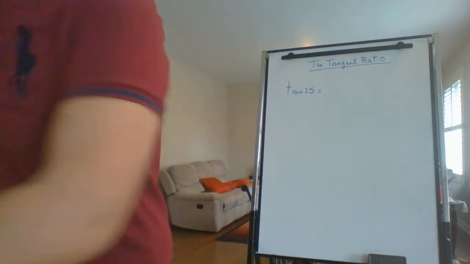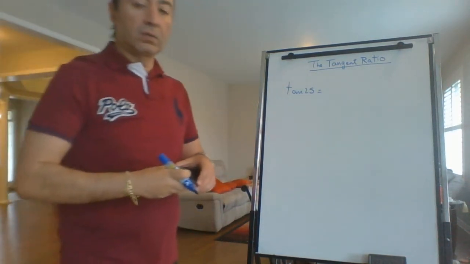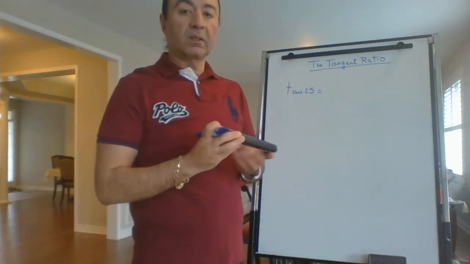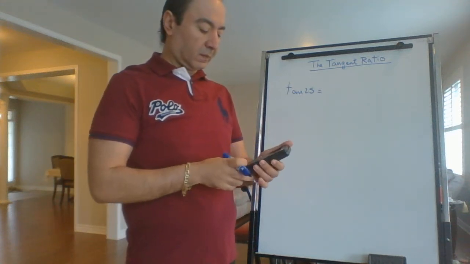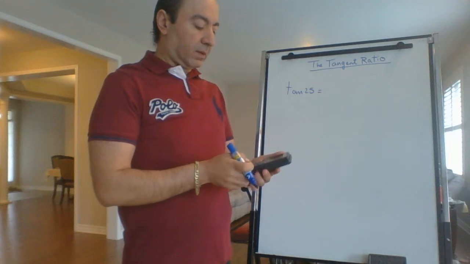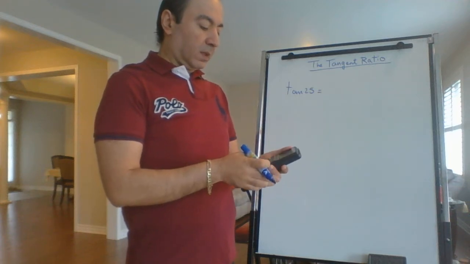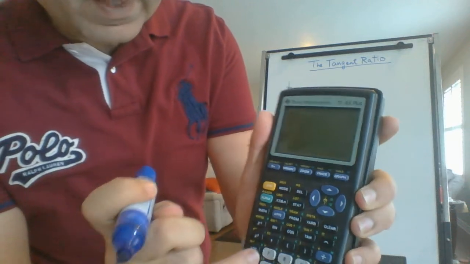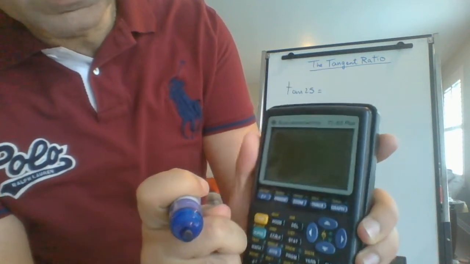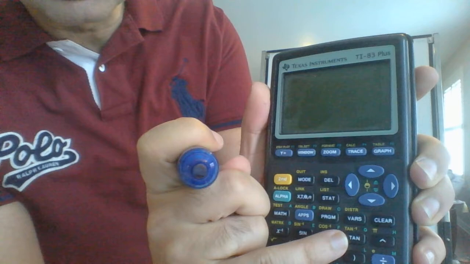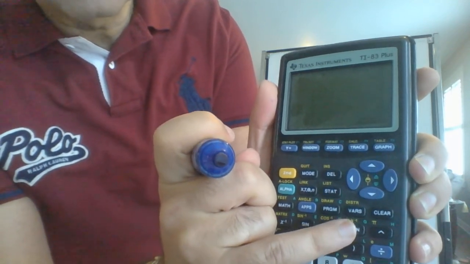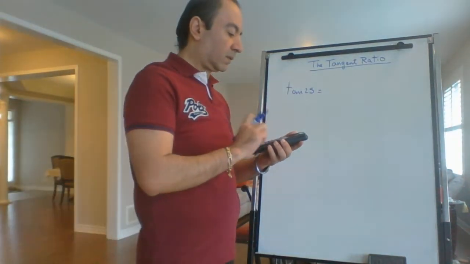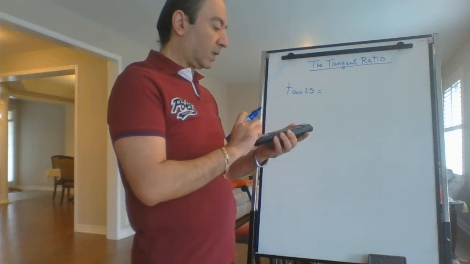decimal. So what you do is you get your calculator, and in the calculator there is a button that says tan, which is here. I hope you can see it. You press on it and you write the measurement of the angle, which is 25.